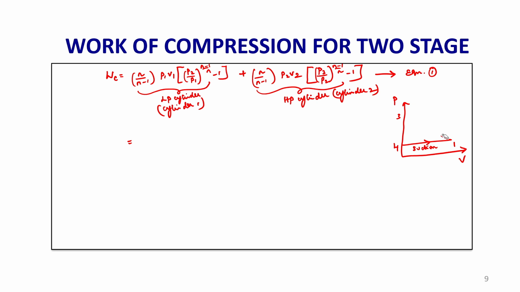Let me redraw it again, then we will mark the points. So, I have plotted three processes here. This is state point 2, this is 2 dash, this is 2 double dash. The arrow mark is this one, three processes.